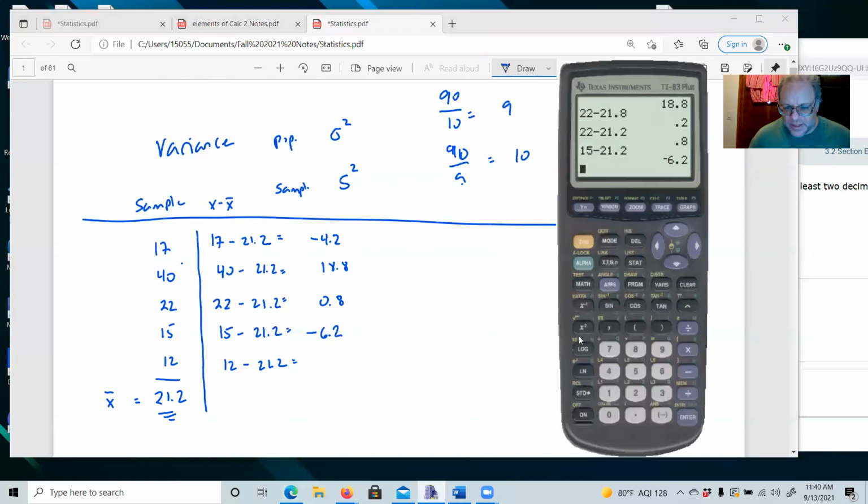And then finally we have 12 minus 21.2, negative 9.2.